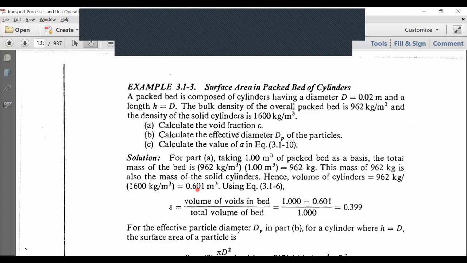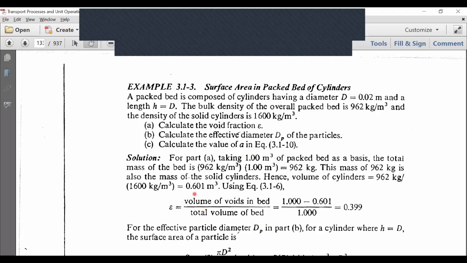Now to calculate the void fraction, the void fraction is the empty space between packings. So epsilon is the volume of void in the bed per total volume of the bed. The total volume of the bed is 1.